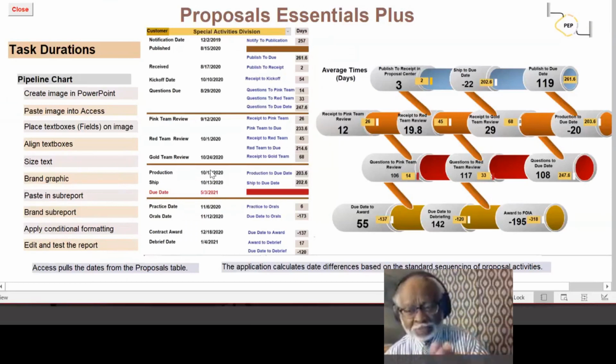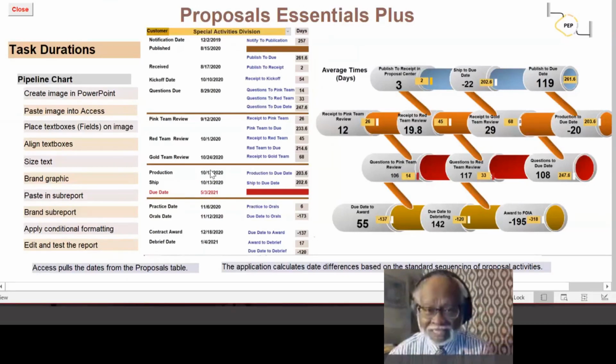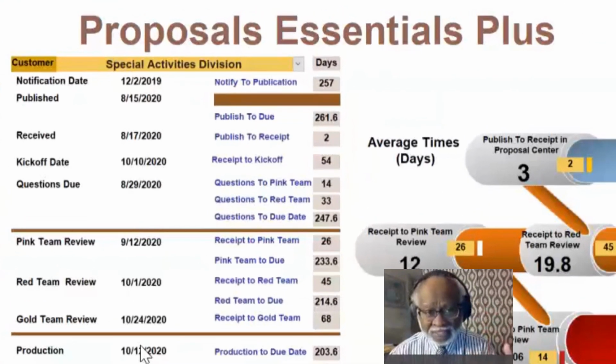Now for each proposal or request for proposal that comes into the company, there is the same information. These notification dates, that's the date that we found out about an opportunity, the date that the RFP was published, the date that the proposal team received that RFP, and first review, second review, and so forth.